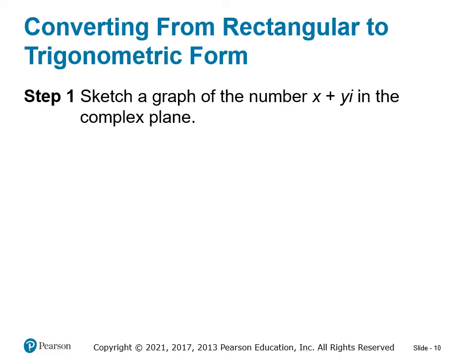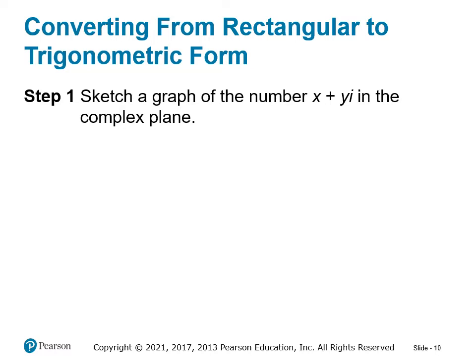Sketch a graph of the number x plus yi in the complex plane. Oh, I'm sorry. These are the steps for converting from rectangular to trigonometric form. So we first sketch a graph of the complex number given to us in our xy graph.